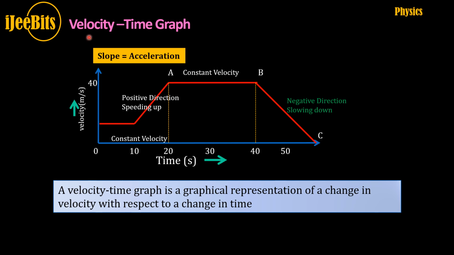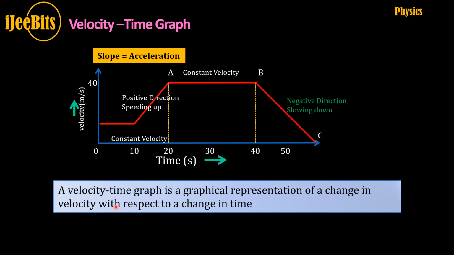Let's look at this velocity time graph and then give me your summary. We know the velocity time graph is a graphical representation of change in velocity with respect to change in time, right? dv by dt is what it gives us.